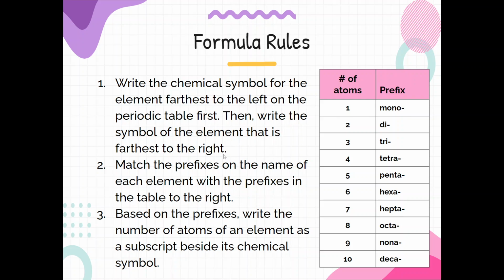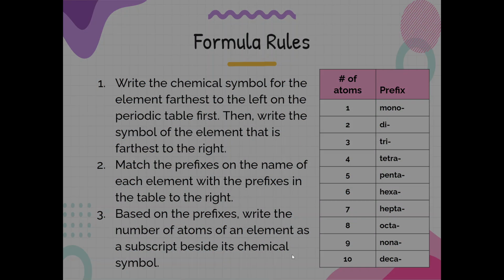Next, okay, we're going to do the opposite, where we talk about how to take a name and write a formula. So first we write the chemical symbols for both of the elements in that compound, right? In the name we'll have prefixes. We just match the prefixes with the number of atoms that prefix represents. And then we write those number of atoms as a subscript beside the chemical symbol for that element.